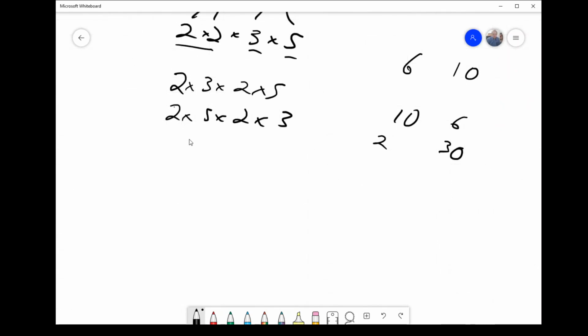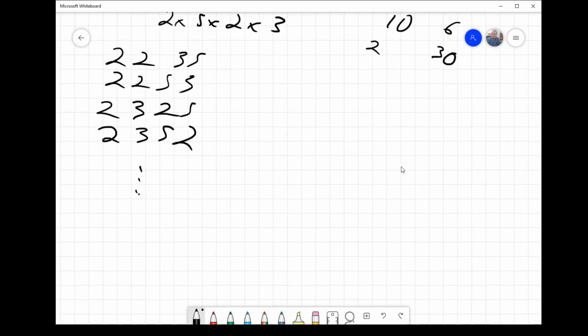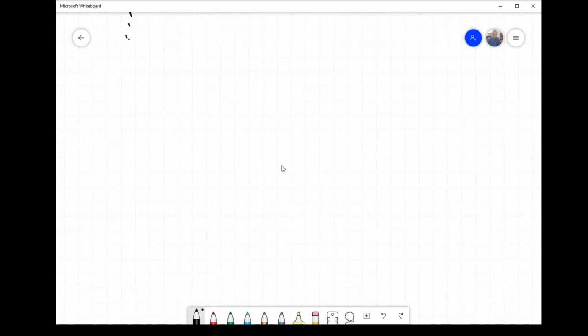In fact, there are 12 different ways to arrange them. There's 2 2 3 5, 2 2 5 3, 2 3 2 5, 2 3 5 2, and so on and so forth. We can keep going and build all 12 if we want. But this is the fundamental theorem of arithmetic.